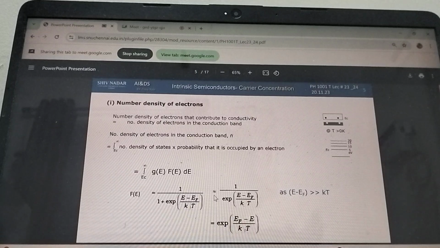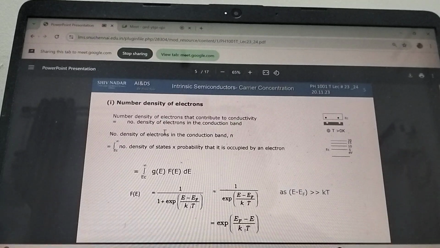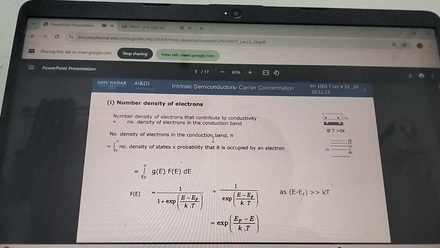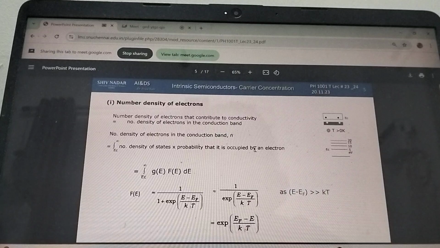So quickly we'll run through this derivation again. We wanted to find out how many electrons are there in the conduction band. The procedure is the number of allowed energy states starting from EC, the beginning of the conduction band, up to infinity, into the probability that any of those states is occupied by an electron. That is integral from EC to infinity g of E f of E dE. This is the expression for f of E. Since this e to the power term is very large, we are dropping the 1.